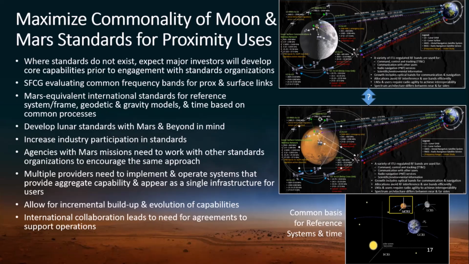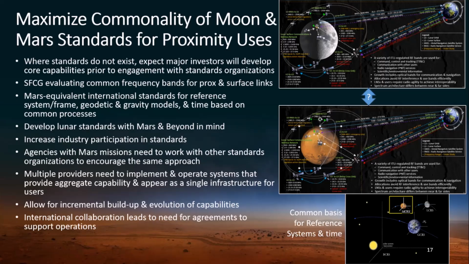We expect that this will operate over this coordinated capability, provide the user the appearance of a single system of systems with aggregate capability and performance that meets needs, with a lot of flexibility to provide cross support between agencies and between network service providers.